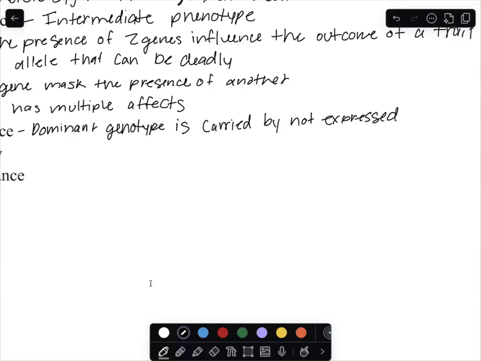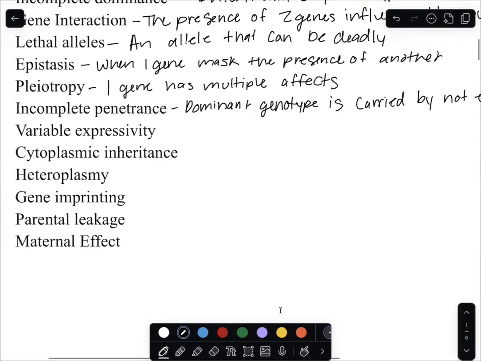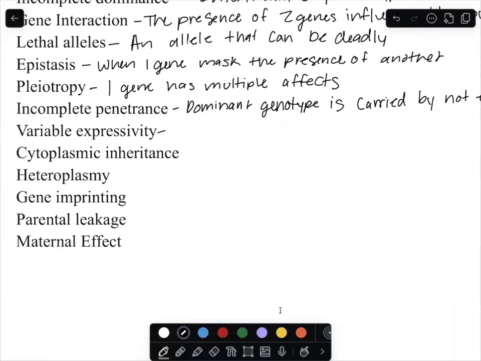So an example of this would be polydactyly. I think that's how you spell it, I'm not sure. Variable expressivity is a spectrum of phenotypic expression.